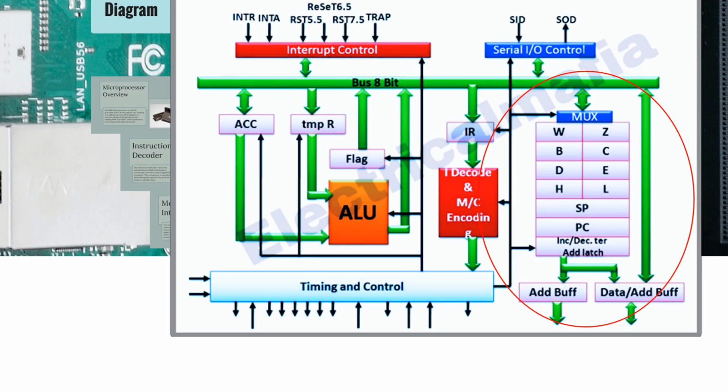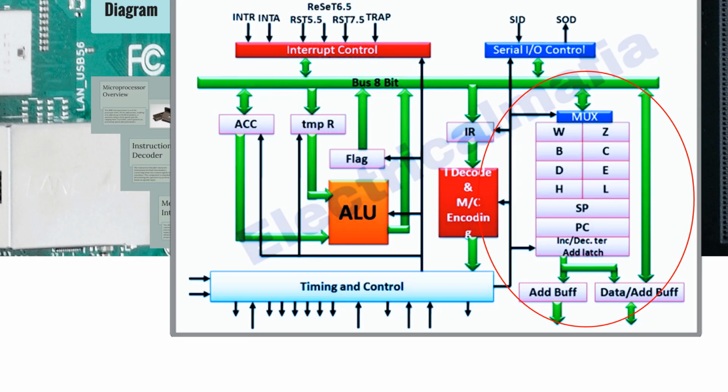The general purpose registers are B, C, D, E, H and L. Sometimes the registers can be used as register pairs. BC is used for handling 16-bit operations and the DE register pair is also used for 16-bit operations. HL is a separate pair.